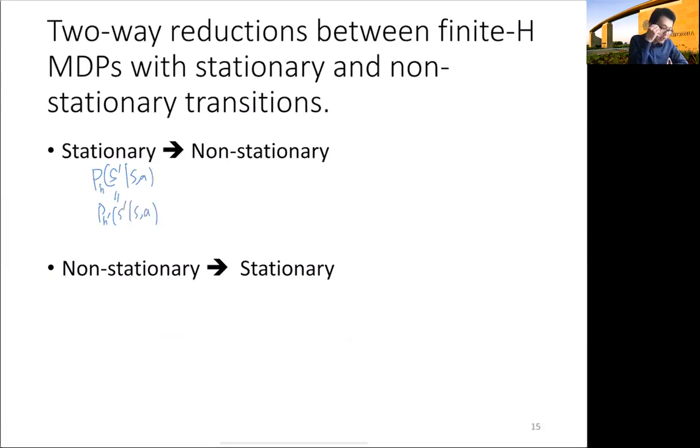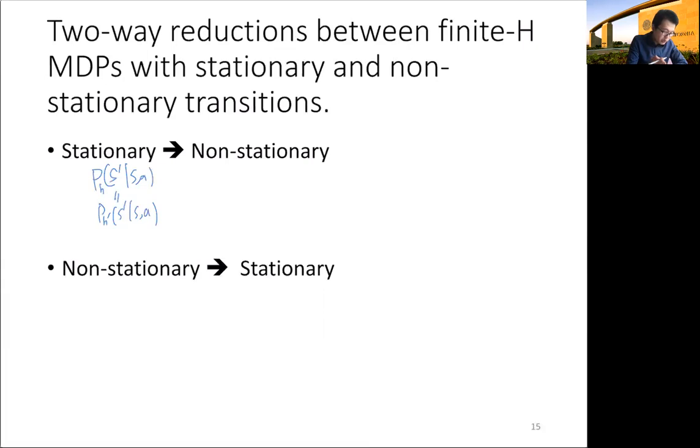You can trivially make the parameter space larger and handle it using the non-stationary case while losing some statistical efficiency. If you add further affine constraints on the parameters, then you do not even lose that statistical efficiency. The other way is more interesting.